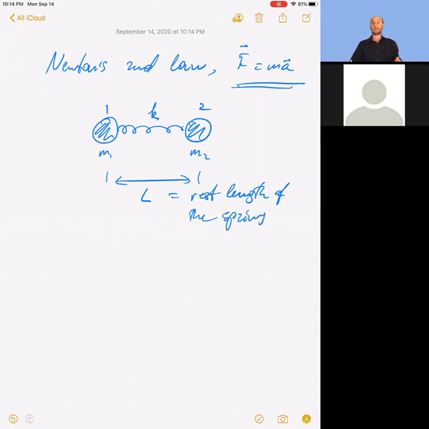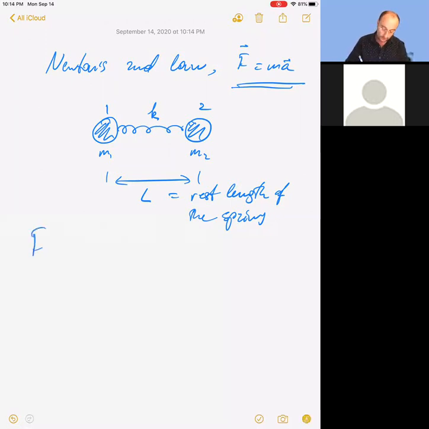So if the separation between the two masses equals the rest length of the spring, the spring does not exert force on each mass. Or equivalently, you could say mass one does not exert force on mass two by means of a spring. The spring is a mediator of the force of object one and object two, and vice versa.